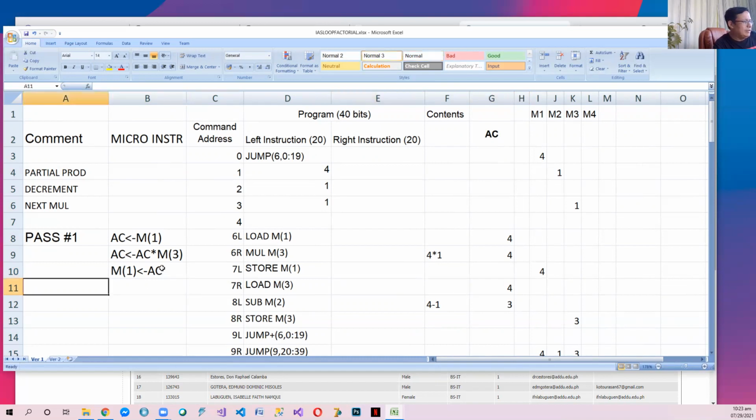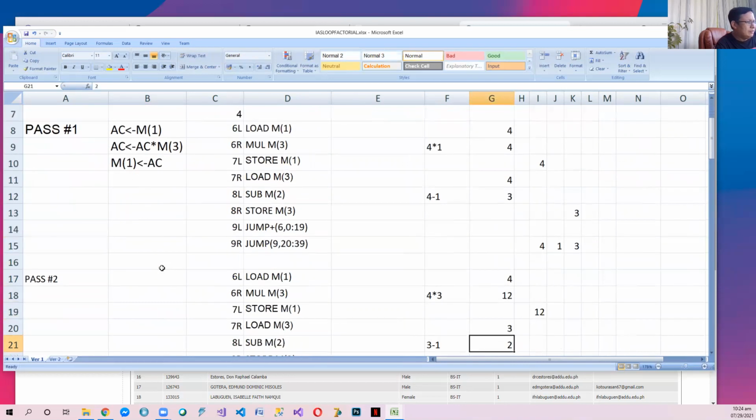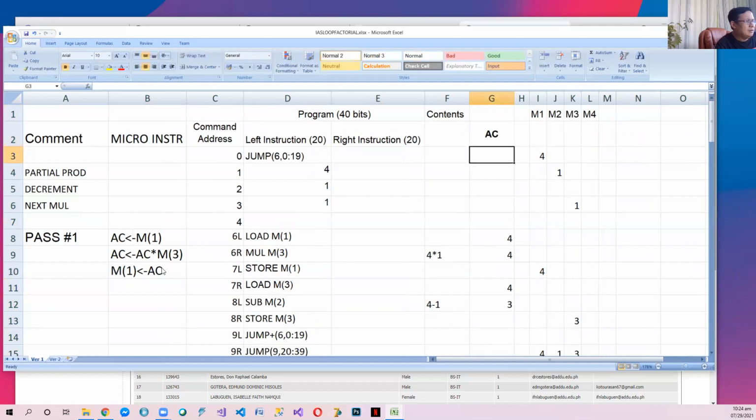So we load M3, because it's 4. What is M3? Okay. We load M3. Mali ito, no? We should be load M4. Okay. Load M3.